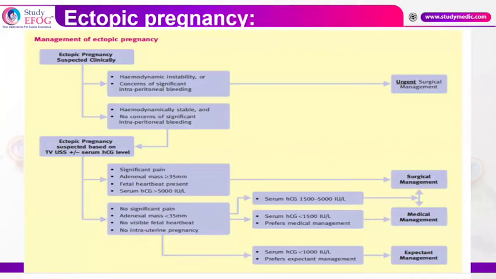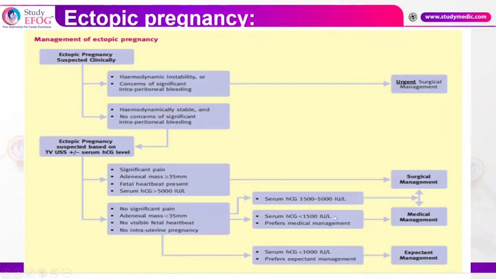And then again, how will you proceed? Either salpingotomy, if the contralateral tube is not there or is damaged, or salpingectomy if the other tube is healthy. Then, if there is no significant pain, adnexal mass less than 35 millimeters, no visible heartbeat, and no intrauterine pregnancy, again you have to look at the serum beta-HCG. If it is in the range of 1500 to 5000, then either surgical or medical management.